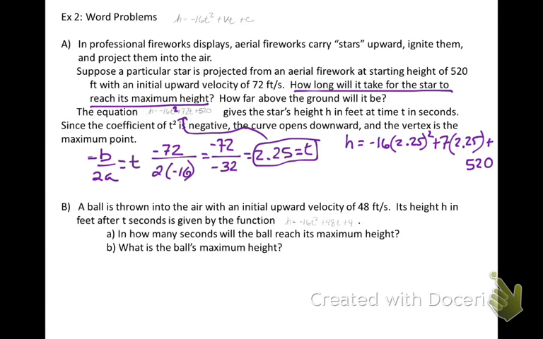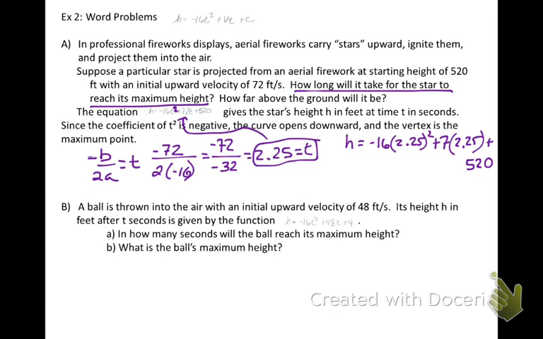So you're going to go negative 16 times 2.25 squared plus 72 times 2.25 plus 520.